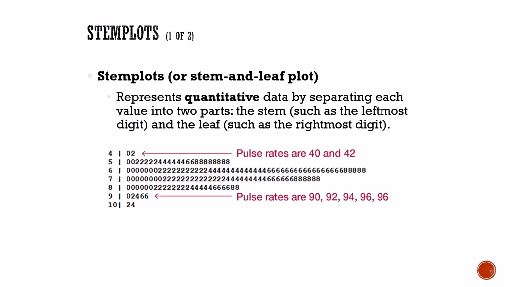Remember, nominal or ordinal would be tricky, but definitely interval and ratio. So with a stem-and-leaf plot, the tens, or sometimes tens and hundreds place, is represented on the left, and then you otherwise just organize your values in order.